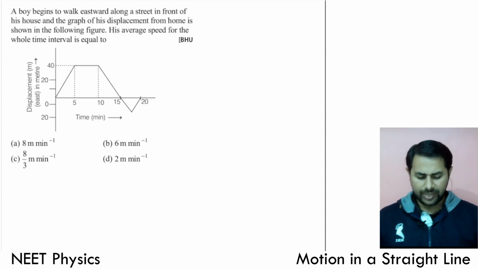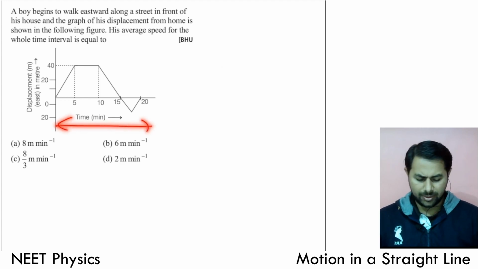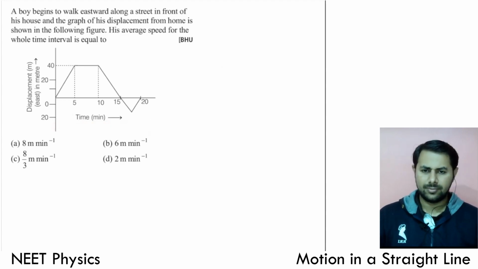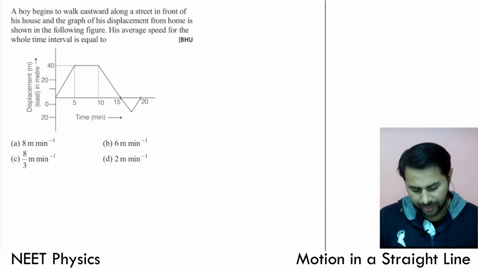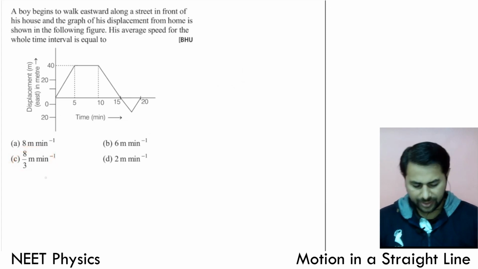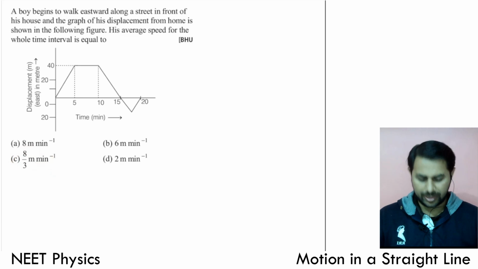Okay, what will be the average velocity from here to here? You are saying average speed is 8 by 3 meter per minute. So what did you do? Tell me, Vishalini.